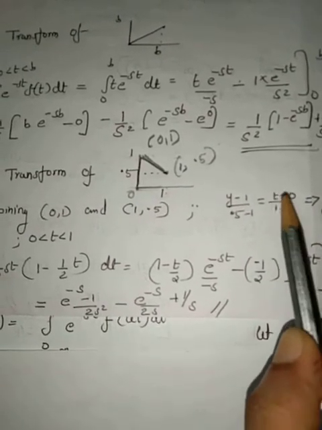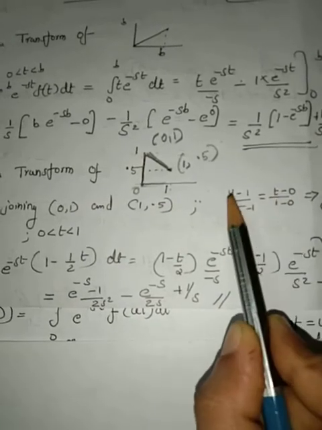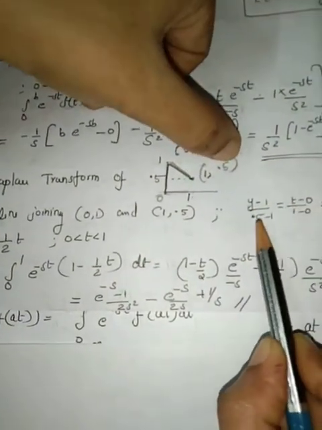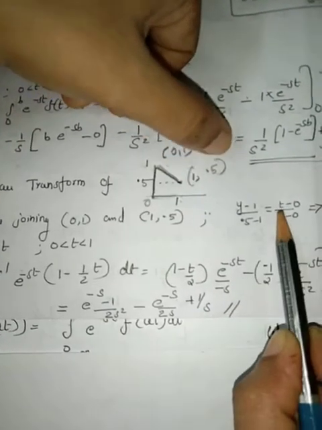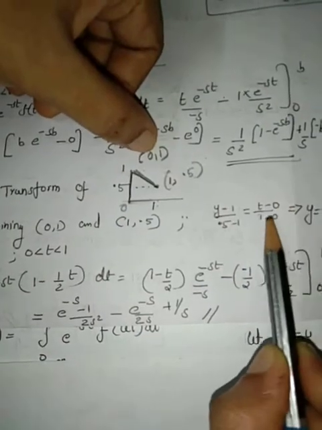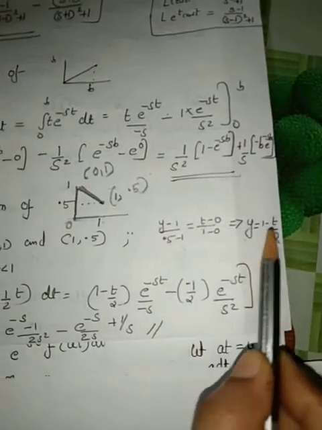So we use the variable notation t here. Therefore y minus 1 divided by 0.5 minus 1 is equal to, instead of x, t minus 0 divided by 1 minus 0. Applying, we get y is equal to 1 minus t by 2, that is f of t.